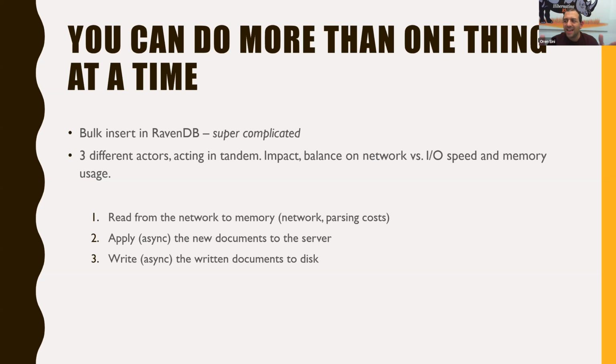But I'm running in the cloud. What does it matter? Well, if you're running in the cloud, one of the things that you can do is run on a burstable disk, which means that you move from being able to write 100 megabytes per second for, let's say, 10 minutes, to being able to write 1 megabyte per second.